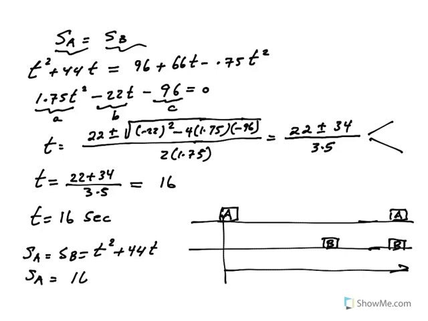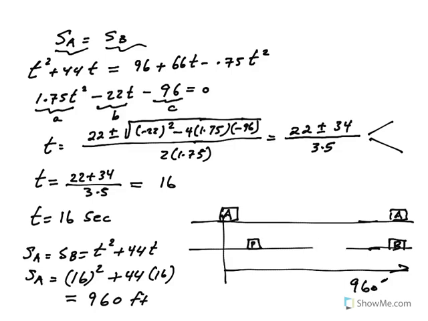Notice that we have 16 squared plus 44 times 16. I believe that becomes 960 feet. So this would be the 960 feet. Of course, this is not to scale. If you want it to be to scale, B should be more like here, because this is 96 feet, remember.